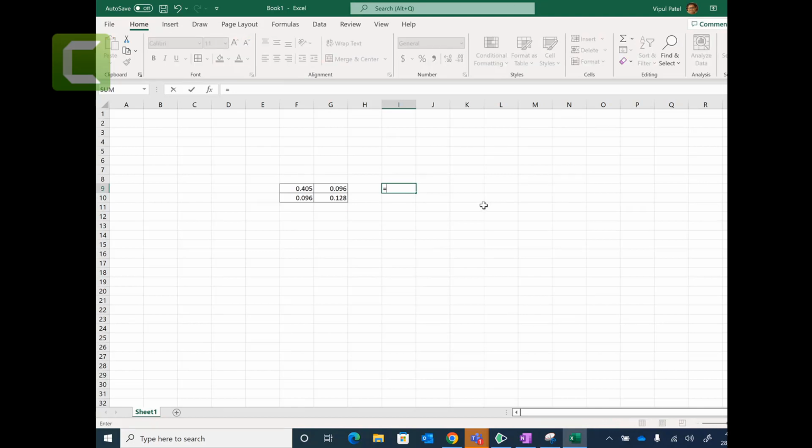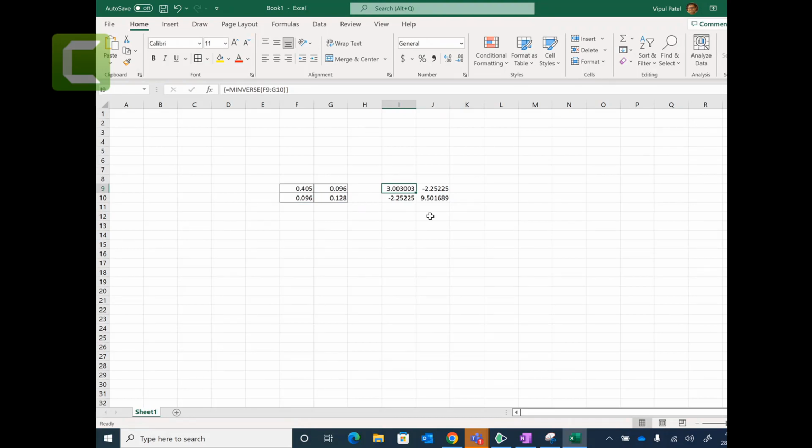The command that we will need is, first, you need to highlight all four of these and press equals MINVERSE, and then I think Control Shift Enter. So you get this. I think I screwed up something. I need to fix that.